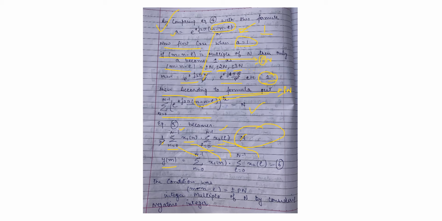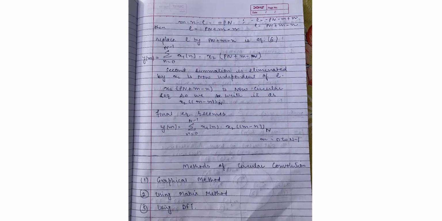The condition was m minus n minus L is equal to plus minus PN. Remember this summation. We consider this should be equal to plus minus PN. We consider let this be equal to minus PN. It can be equal to plus PN. Okay, so there is no problem.